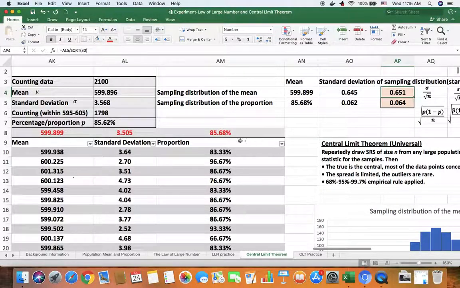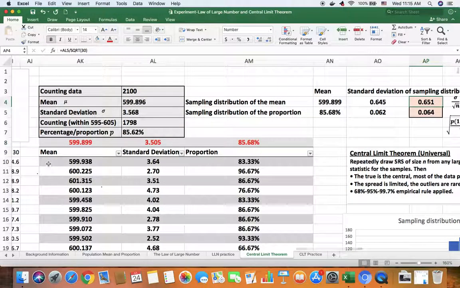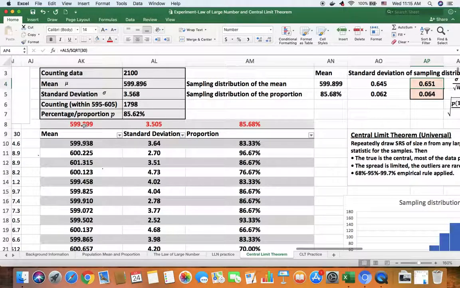Theoretically, if we get all the possible samples and list them here and calculate the mean of every sample, all the possible samples, then we would have a very long column, maybe 1 million, 10 million sample means.